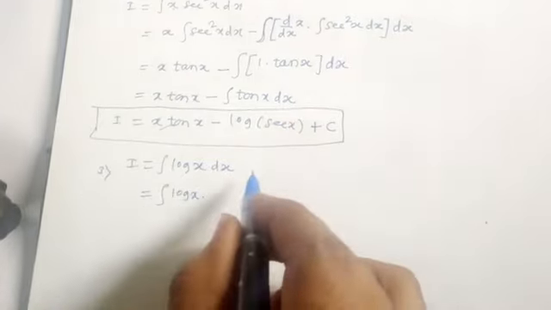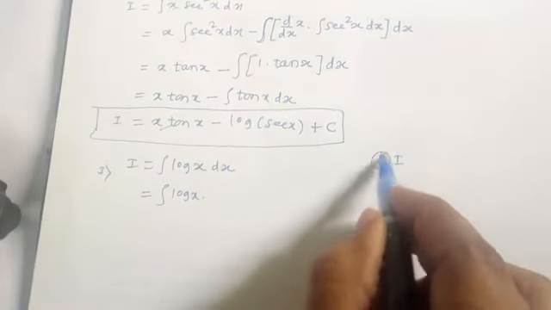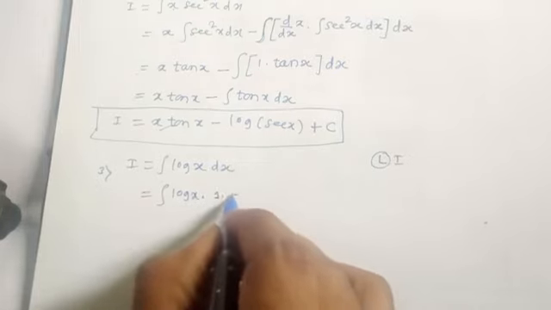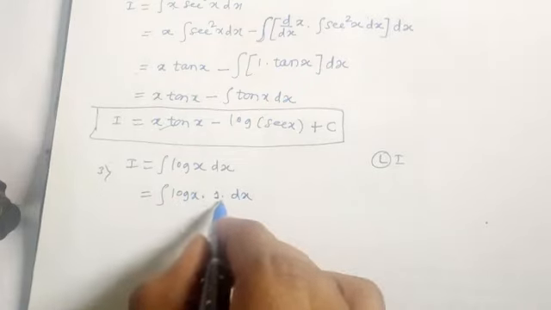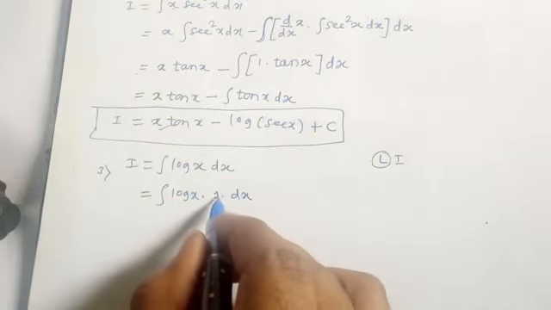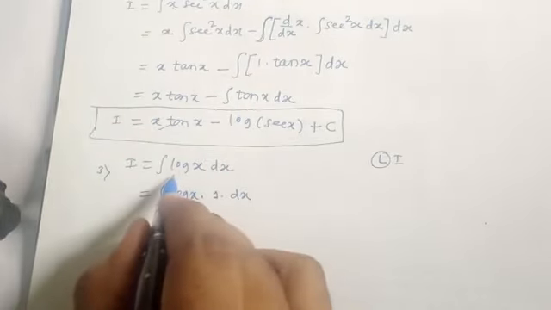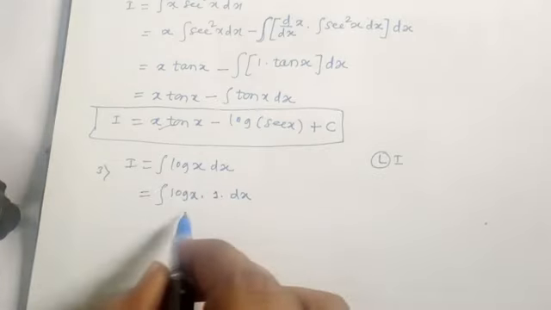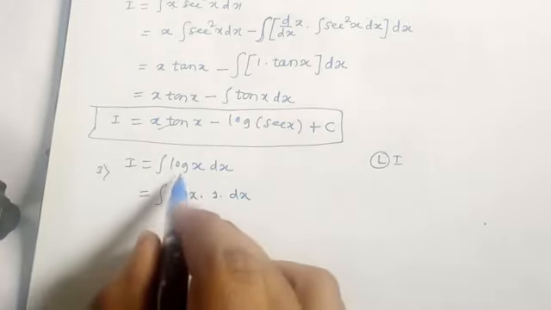Log x is a logarithmic term, and in our LIATE rule the logarithmic term comes first, so we take log x into 1 dx. We take the first term as log x and the second term as 1. 1 is a constant, and a constant is an algebraic function. So we can make some adjustment here: the integration of log x is equal to the integration of log x into 1 dx, because log x into 1 is again log x.